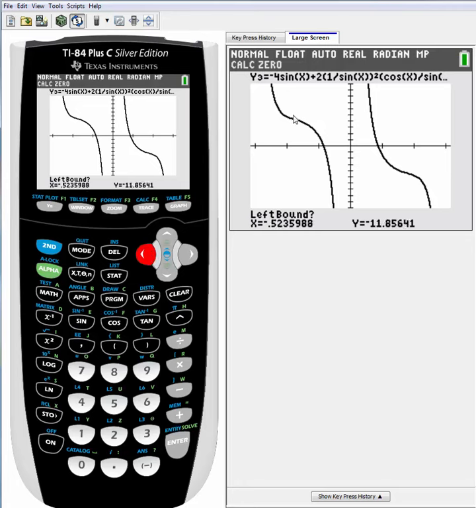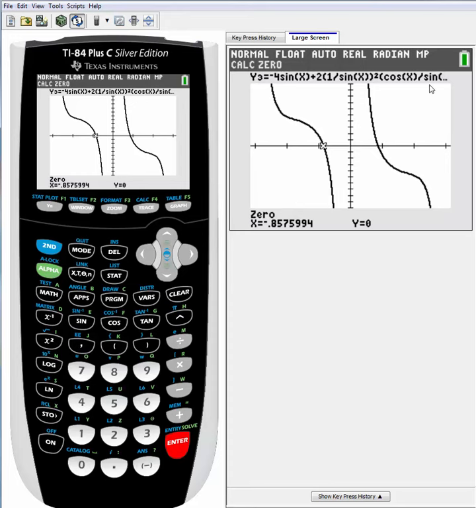Sometimes it starts close to this axis, so if you want to move to this piece of the graph, you just move it left. Left boundary, right boundary, enter, and then give it a guess. And it says that's negative 0.86. So that's a possible point of inflection.